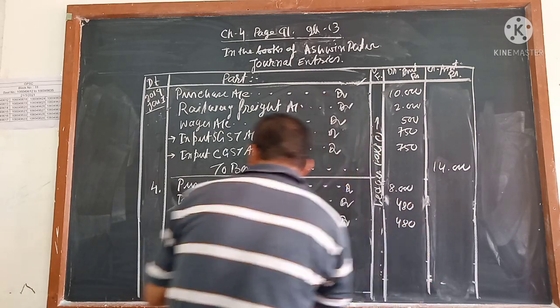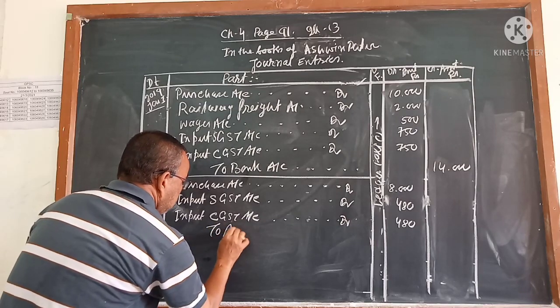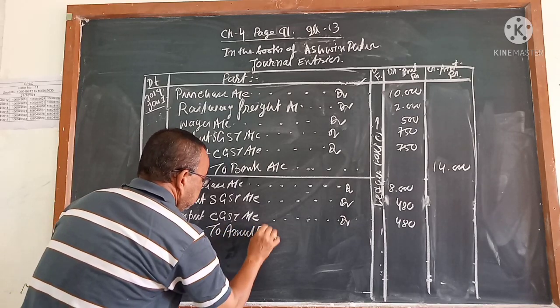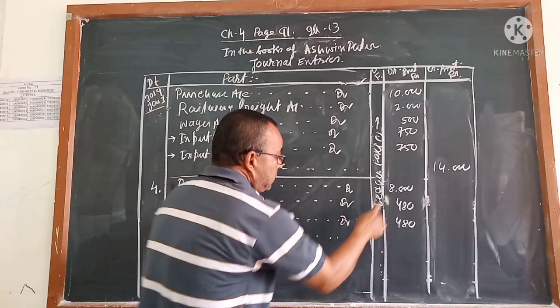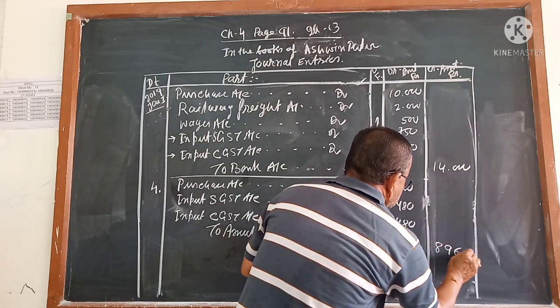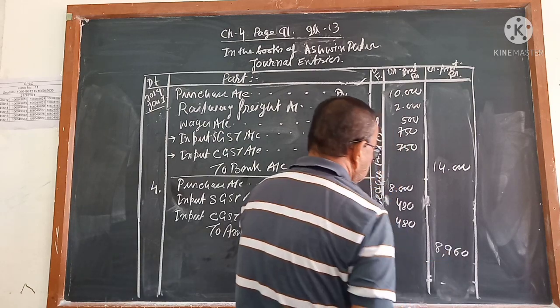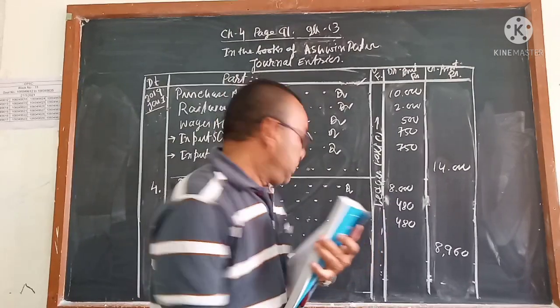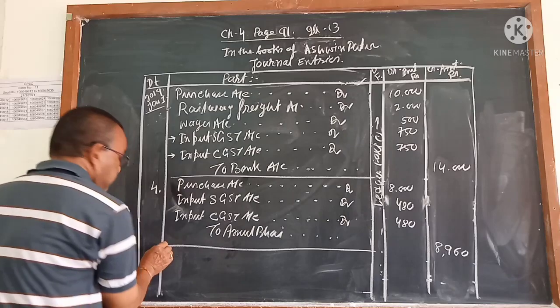And this is to Amul Bhai. How much? This is 8,960, I think so. Correct? Narrations you will write.